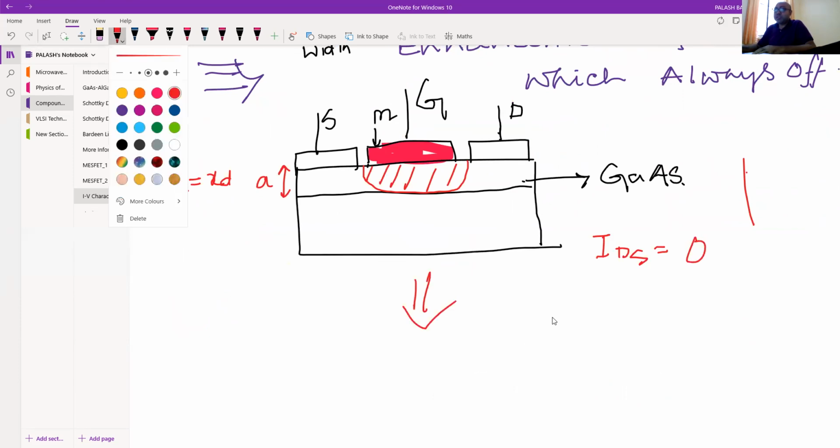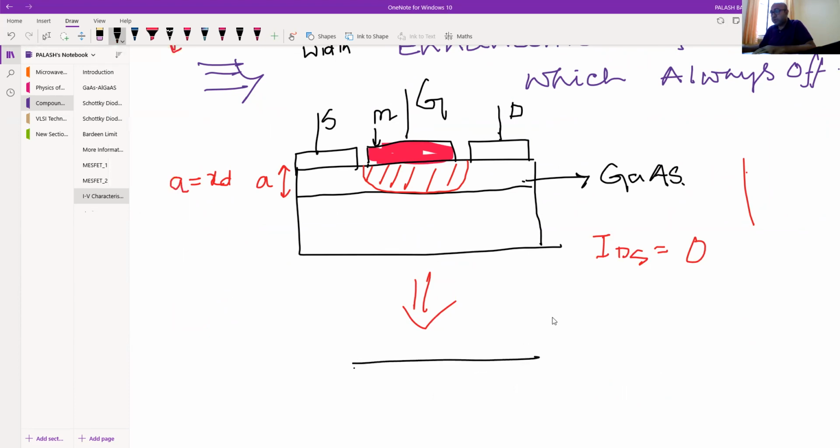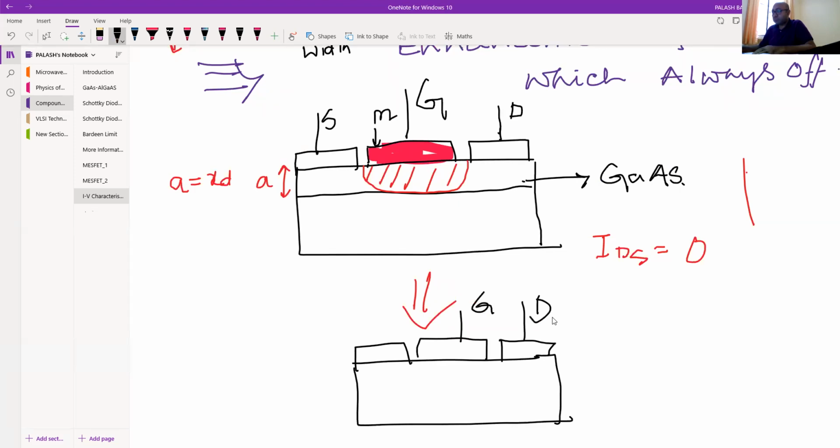Now I try to make a current out of that. If you want to make a current out of that, you have to open the gate voltage a little bit.